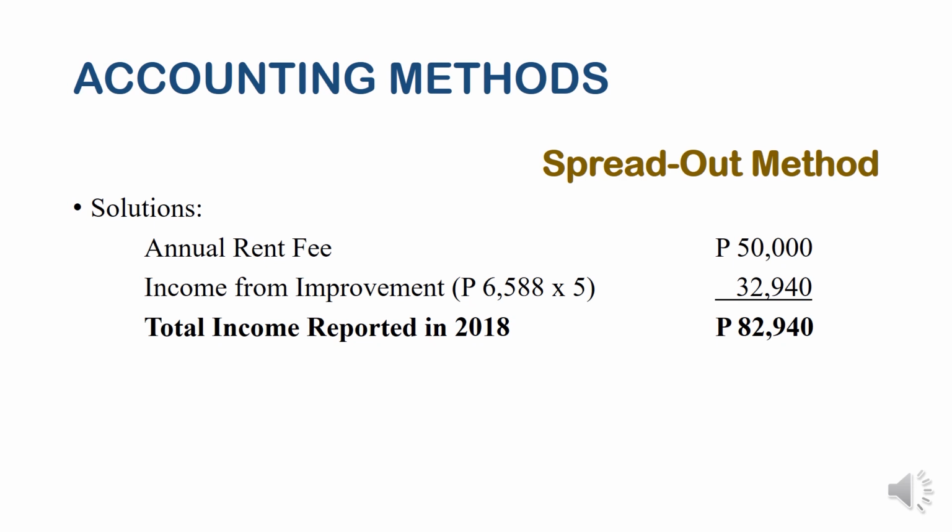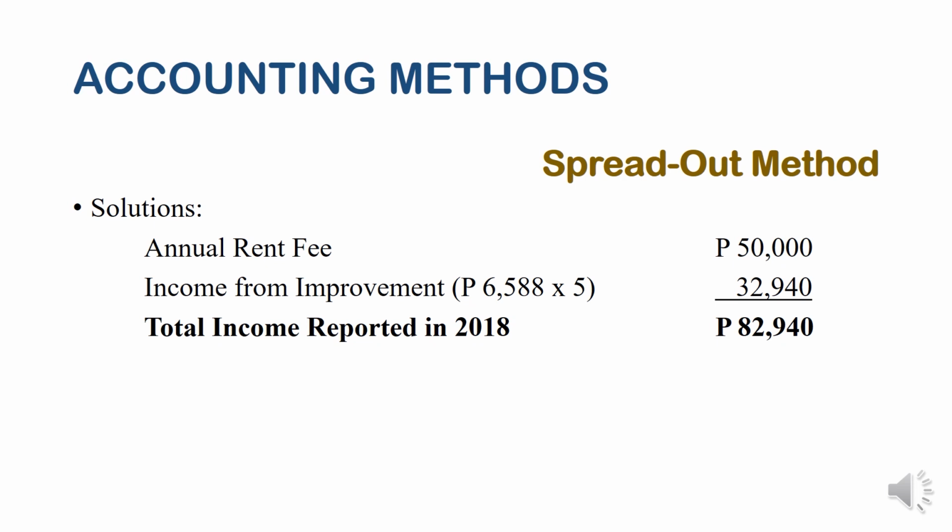So the next question would be, how about in 2019? You just add 50,000 and then the annual income from the improvement, that's 6,588 times 12 months. That's how we compute income under the spread out method.